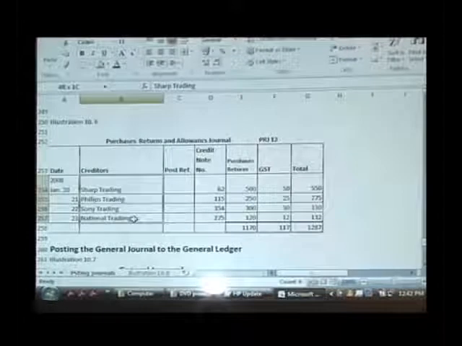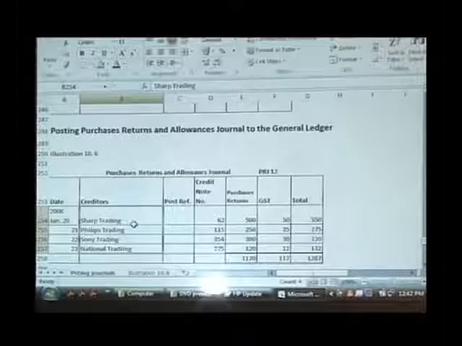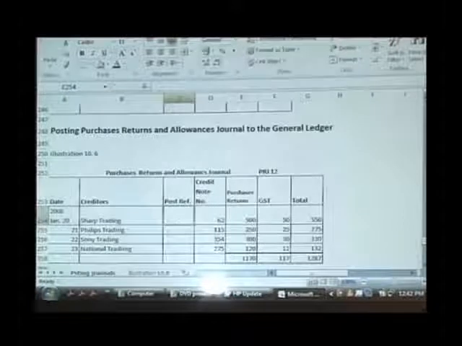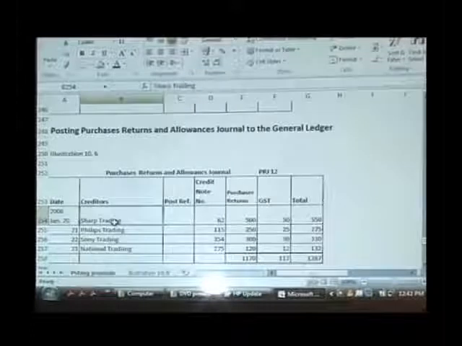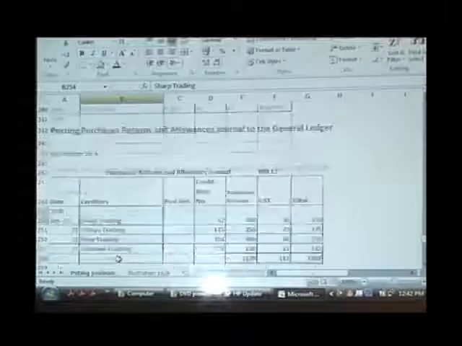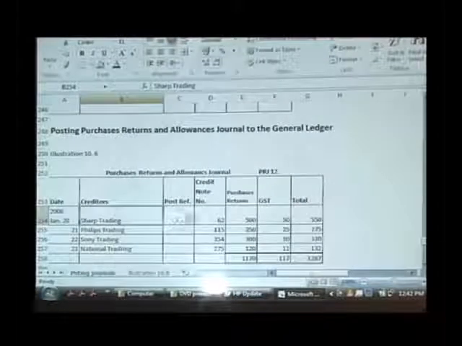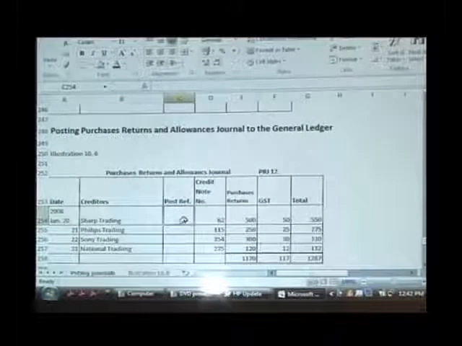So these are the creditors to whom we returned goods, and therefore we have these accounts here. Therefore we can use the same ledger accounts to post purchases returns as well.